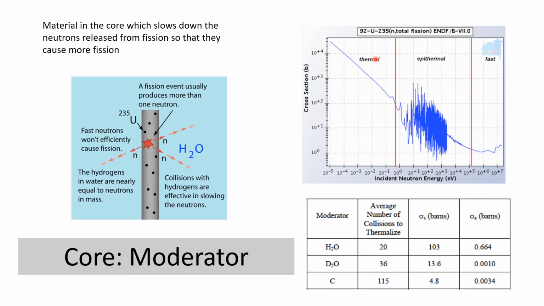And with the help of the moderator, which slows down these epithermal and fast neutrons released from fission, your thermal neutrons can create more fission products in our fission reaction. Most moderators used are just your water, average water, and then your D2O, and then your carbon.